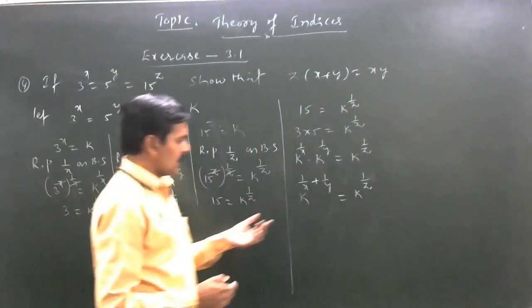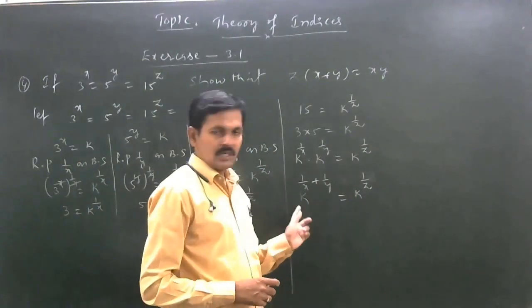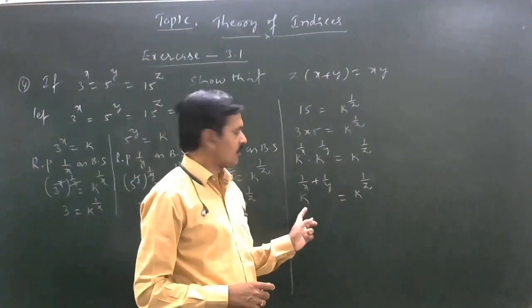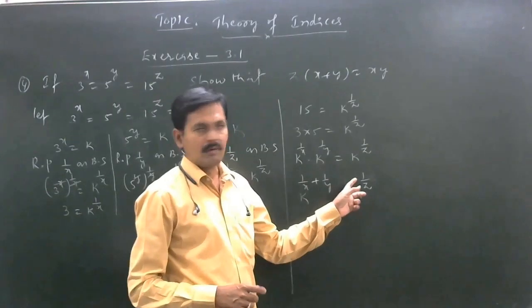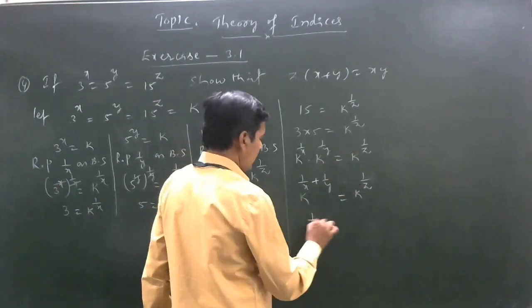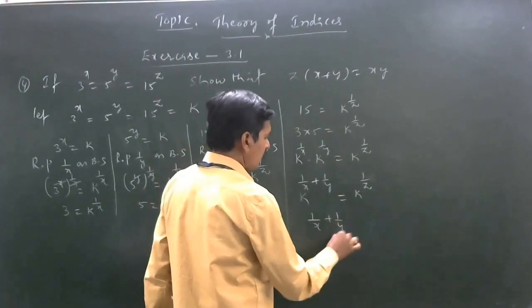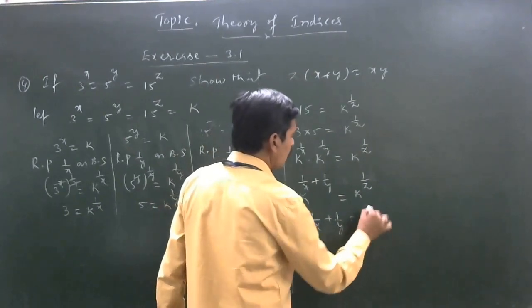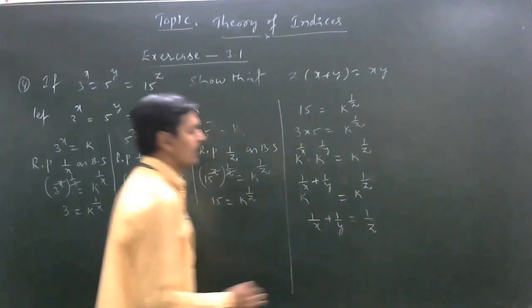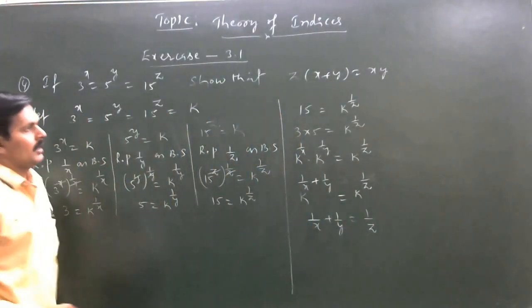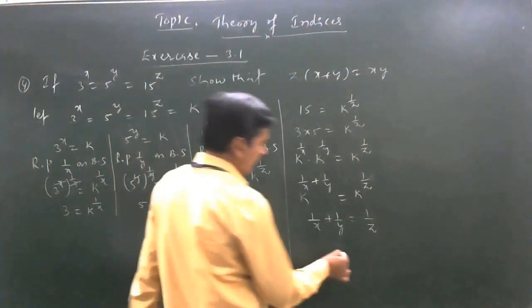Here we observe that on both sides the base values are equal, so by equating the power values, 1 by x plus 1 by y is equal to 1 by z.